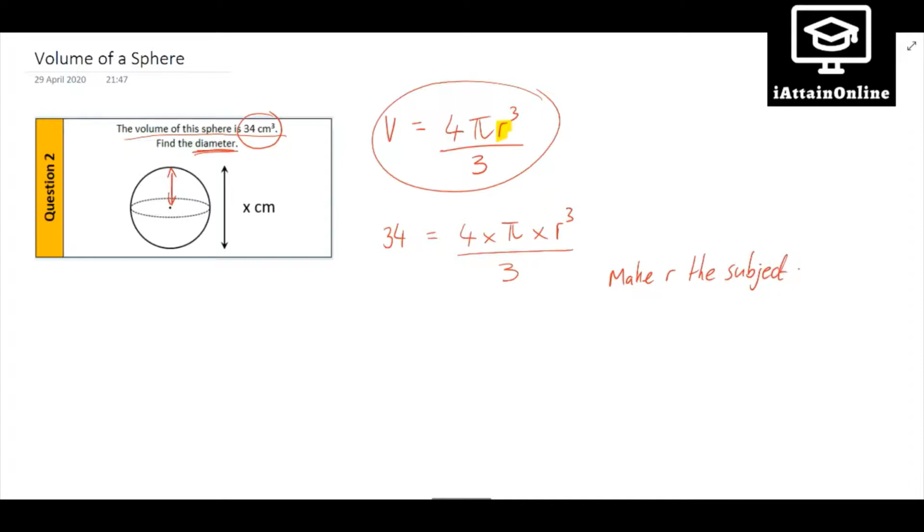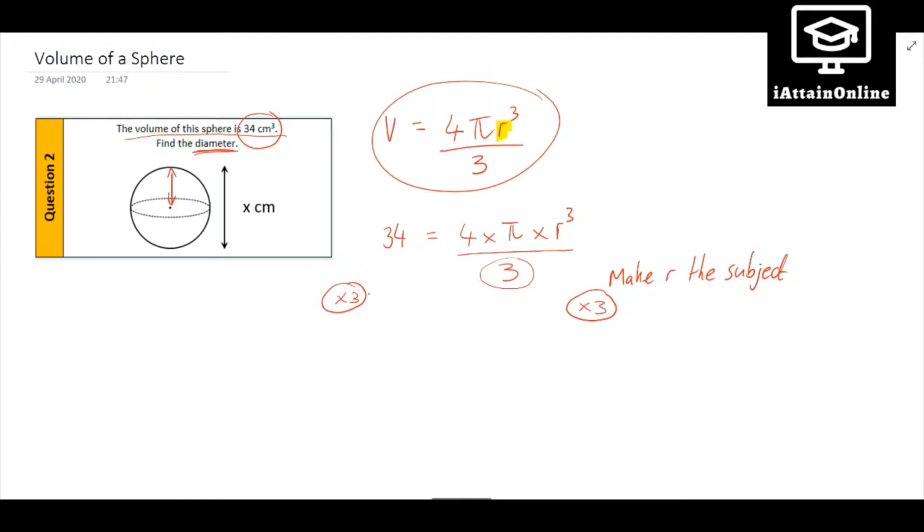So this is why it's really important to be able to change the subject of a formula. The last thing I did over here was I divided by 3. If I was working forwards, the last thing you do is divide by 3. So I'm going to multiply both sides of this equation by 3 to undo that dividing by 3. It's the inverse of dividing by 3.